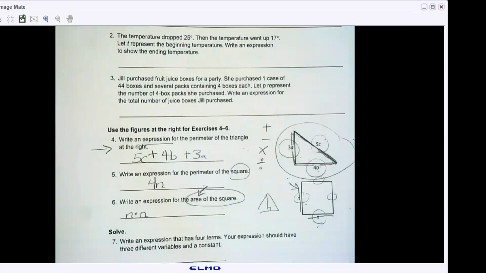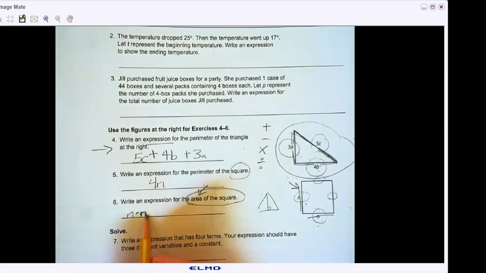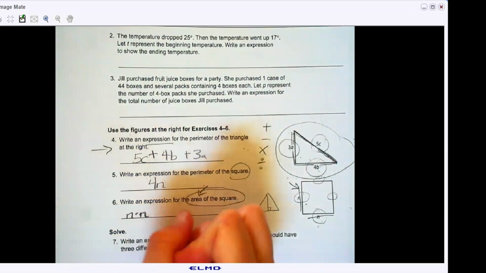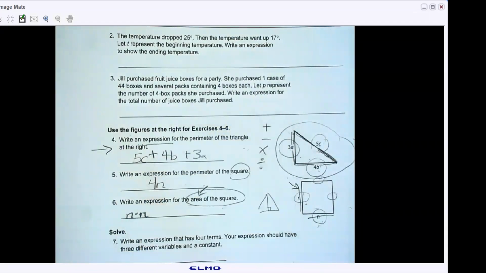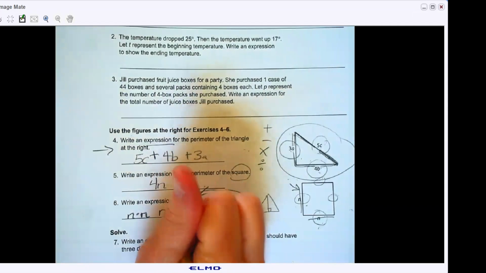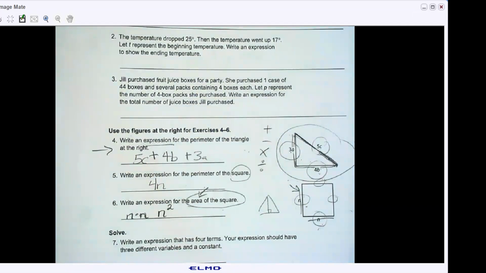What's the best way to write that? What's the fancy way with our fancy exponents? 2n. Close. N squared.